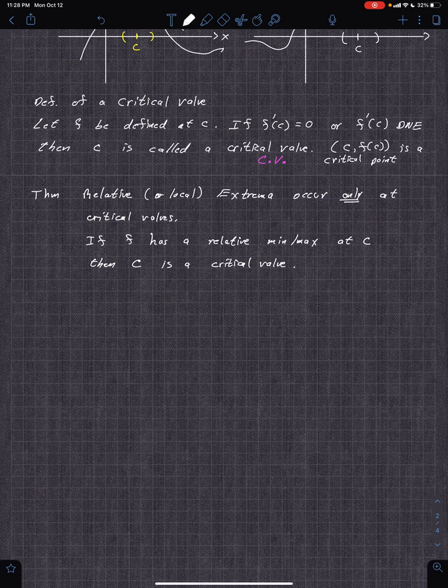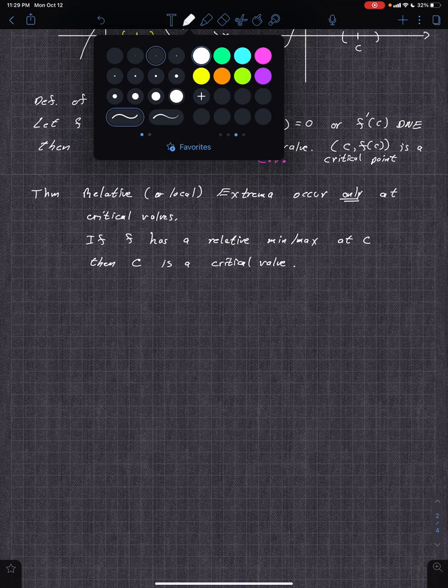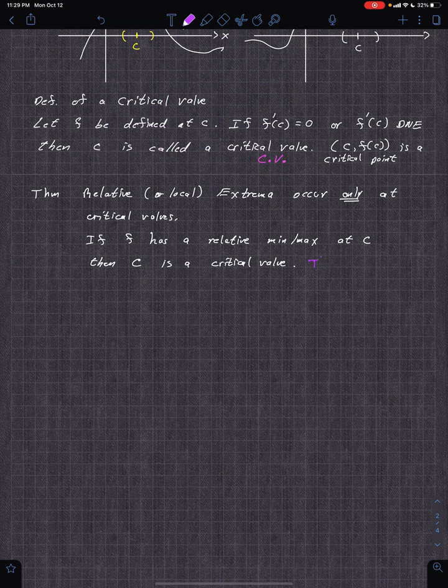But not vice versa. Just because it's a critical value, like f prime is 0, it does not mean it is a local max or min. So the converse is not true. So be very careful. The converse is not true. That's really important to know.